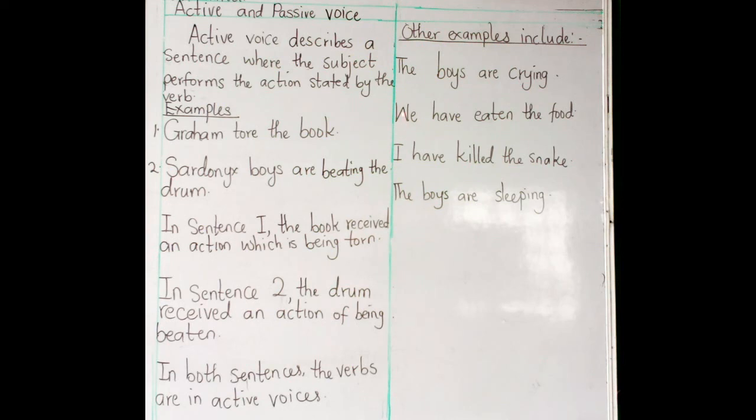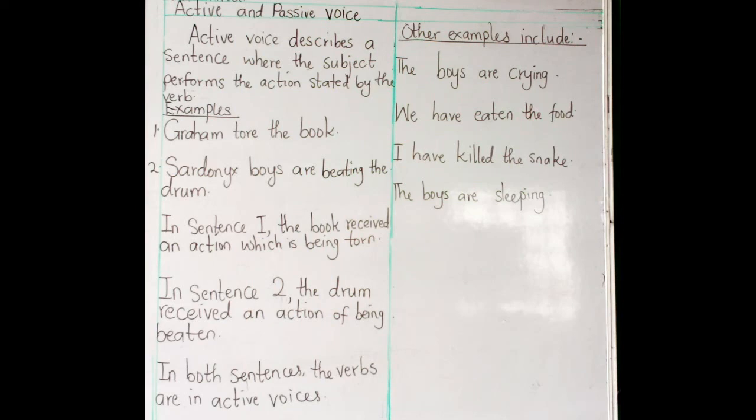We have eaten the food. We are the people that carried out the action. We are the ones that performed the action. Remember the helping verb here, have. The action verb, eating, though it's in its past participle form, and then there is the food.